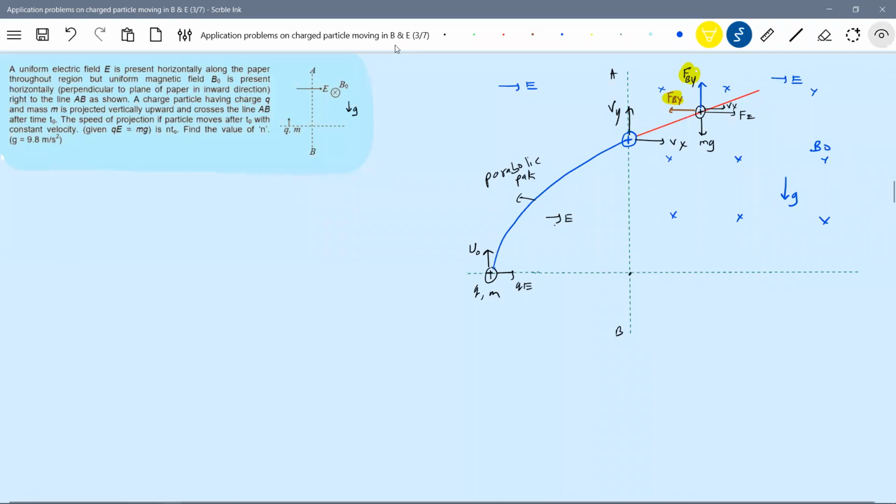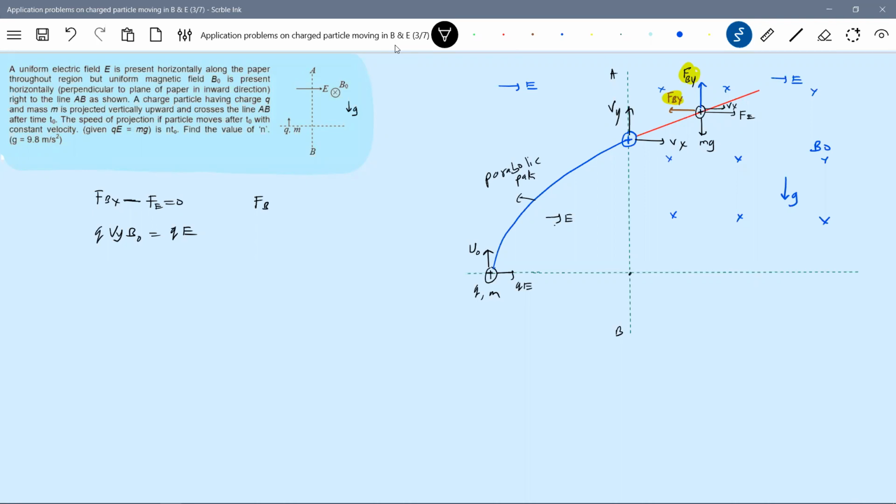Who will balance Mg? This Y component of magnetic force. Who will balance the electrostatic force? The X component of magnetic force. So what is Fbx? I think our problem will be solved if we are able to think this much is equal to Fe. So what is FBX? FBX should be equal to Q Vy into B naught. This is the one equation. Similarly, we will balance the weight. If I write the minus sign, equal to 0, it'll be more justified, no?